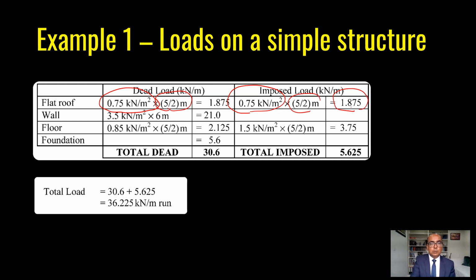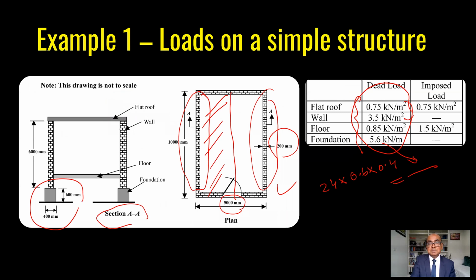Then I have the wall. The wall is 3.5 kilonewton per meter square. For the wall, I will always multiply its height, because I want the load to come on these foundations, and I would like the load in kilonewton per meter, which means the length of this strip foundation. That means I have to multiply all other dimensions.